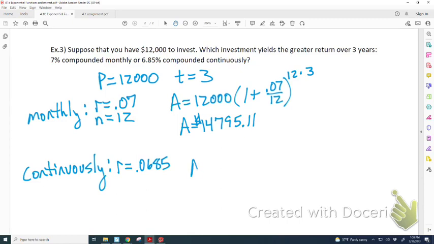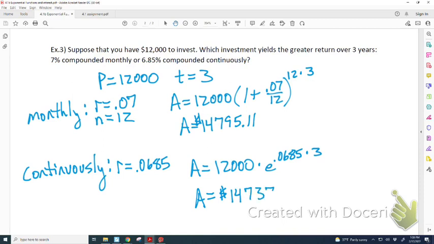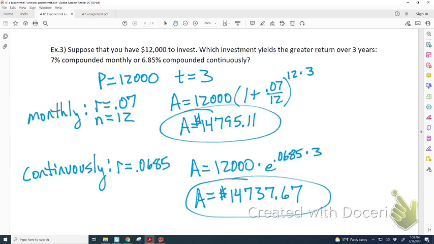For the continuous, that's the PERT formula. On this one, we should get 14,737, and 67 cents. So naturally, pick the larger number, and this one is better, the monthly.